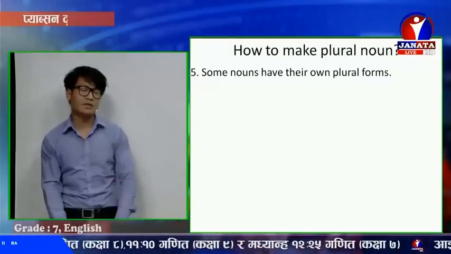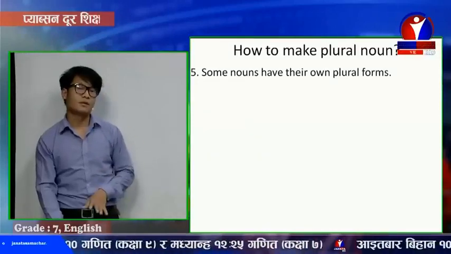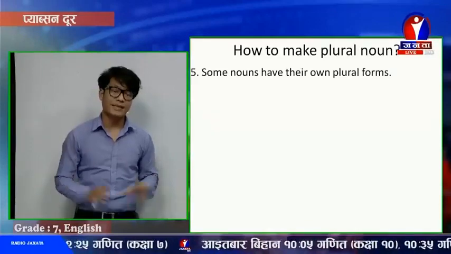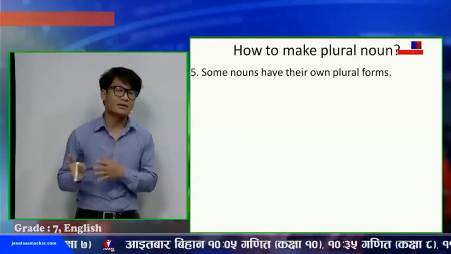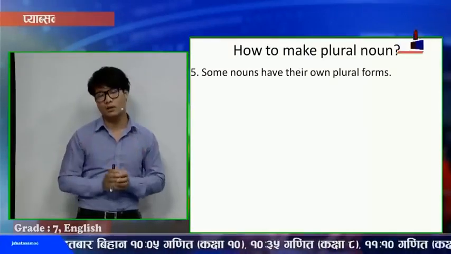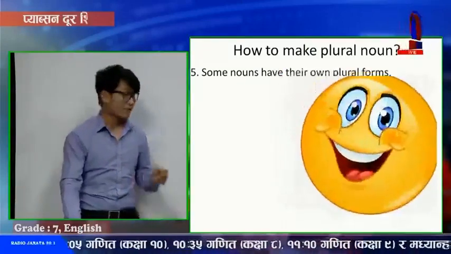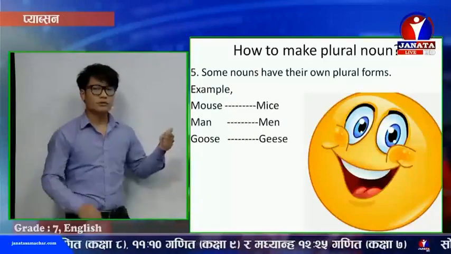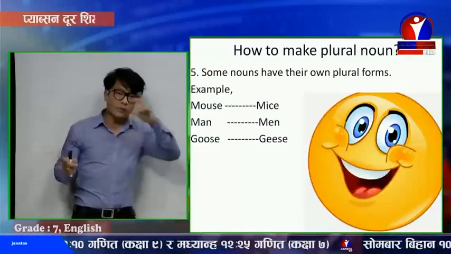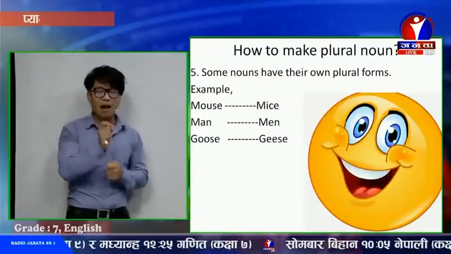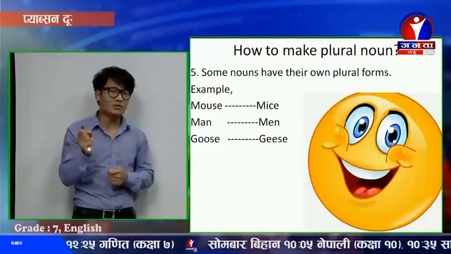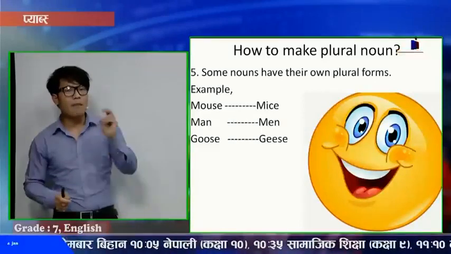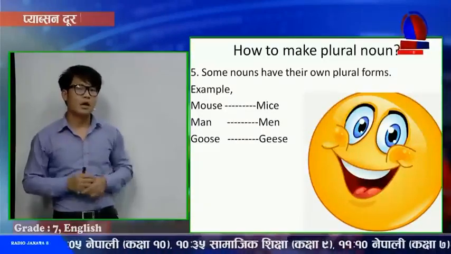Some nouns have their own plural form. Now let's see what are the nouns which have their own plural form. Like you can see this side, example, mouse, mice. If you add S at last to mouse to make it plural, then that will be wrong, because this noun mouse has its own plural form.